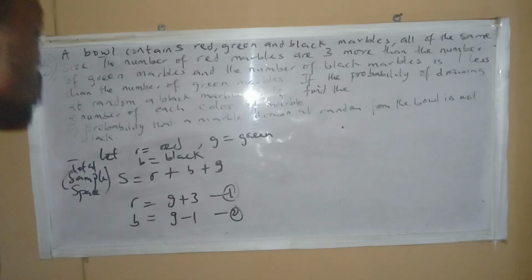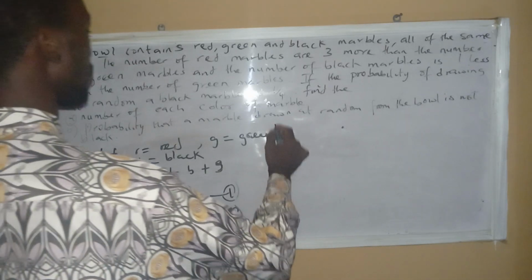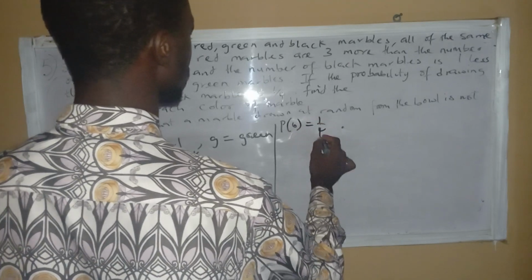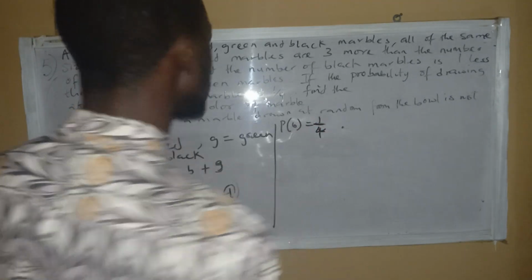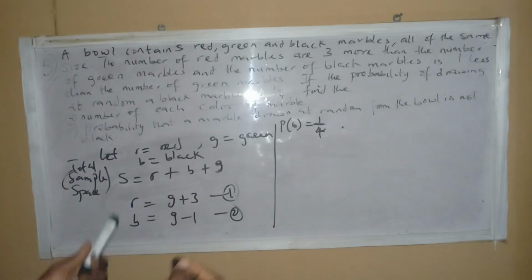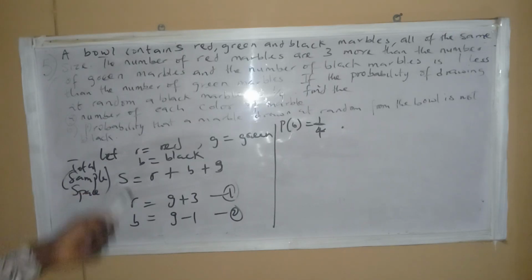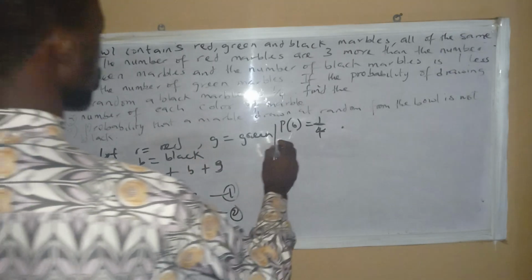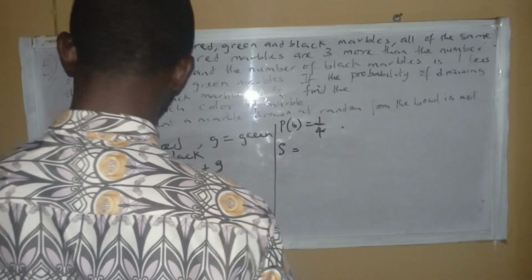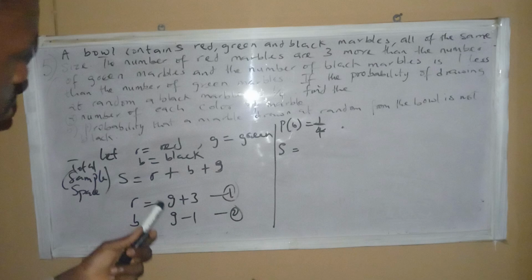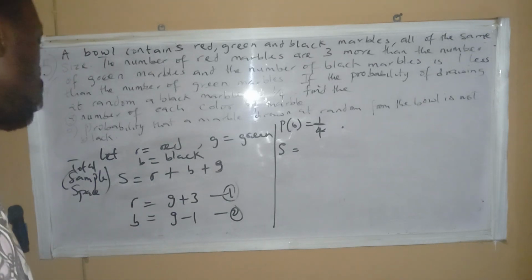Now let's quickly go on. It now says that the probability of black is 1/4. We have in the question that our total sample space is S, which is the number of black plus the number of green plus the number of red.